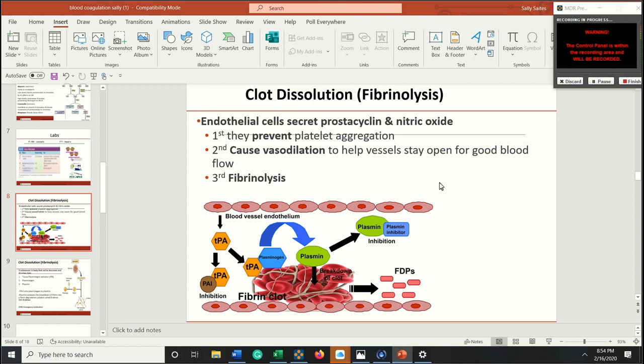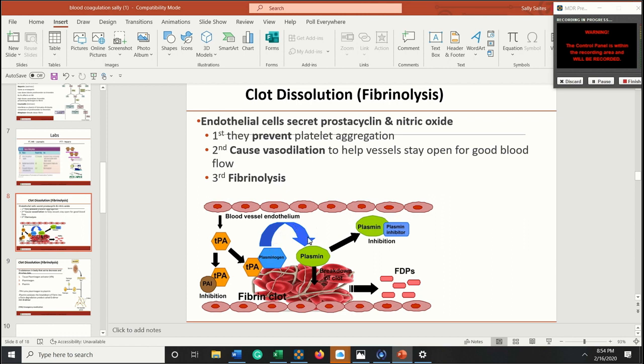So if we take a look at this picture, we've got our blood vessels. Here's the endothelial cell, and the endothelial cell secretes prostacyclin and nitric oxide. If you take a look here, it actually puts off TPA naturally. Okay, TPA naturally.